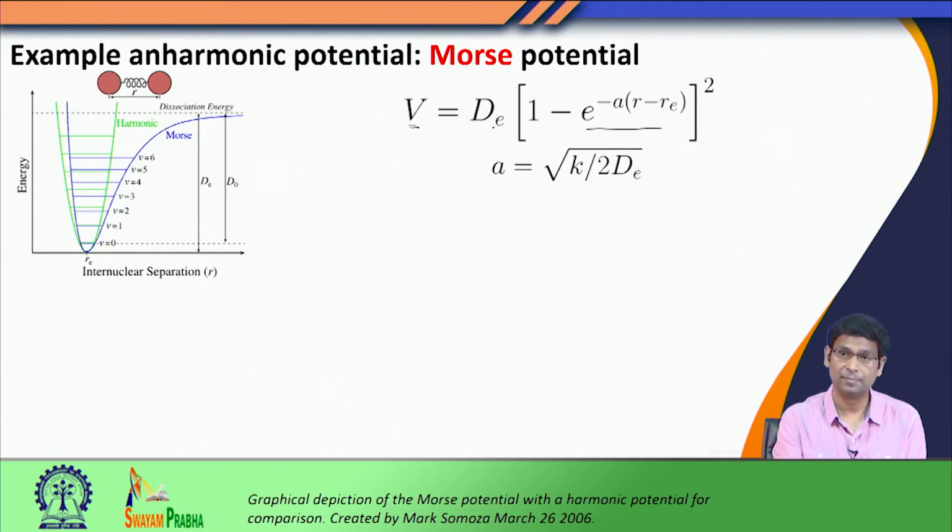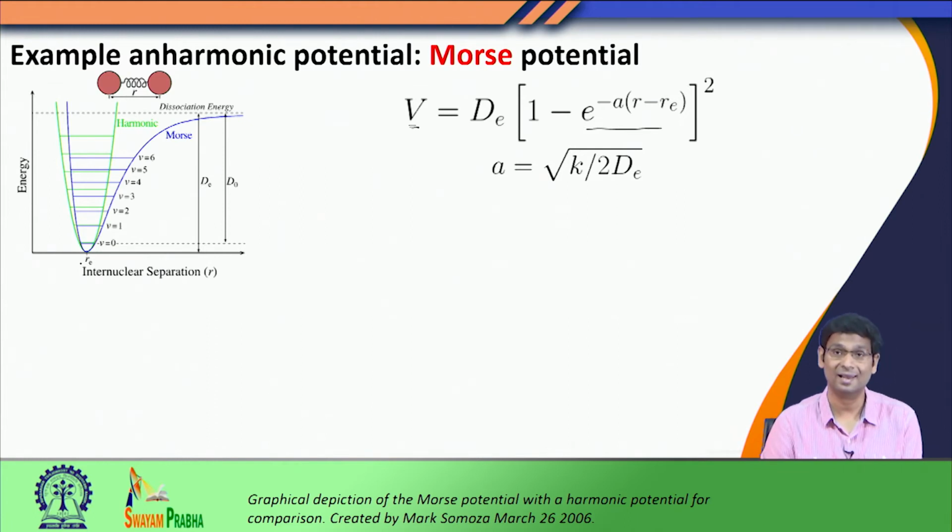When I multiply that by dE, which is a parameter for this Morse potential, this will give me a large value. So at r equals 0, when the two atoms try to come very close to each other, the Morse potential makes sure that the energy is not favorable. You can see it is a very high rise wall at smaller values of r. So that is satisfied by the Morse potential.